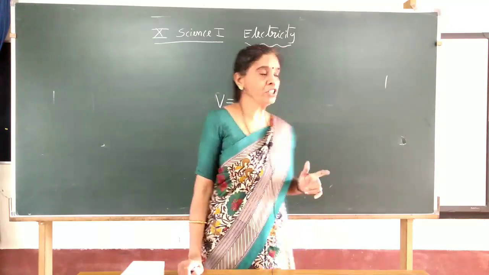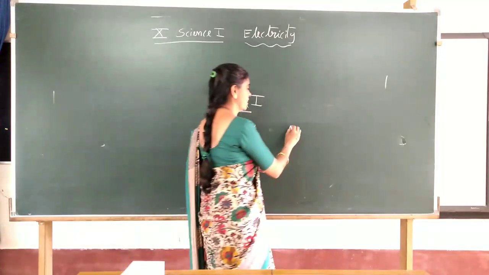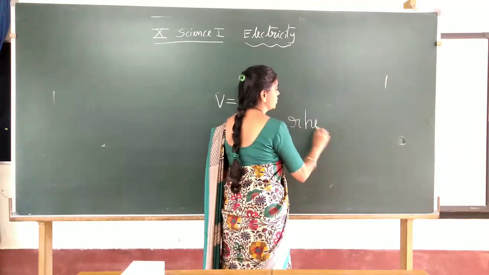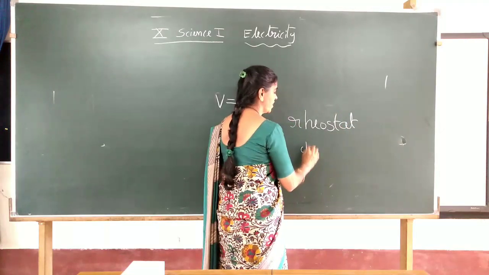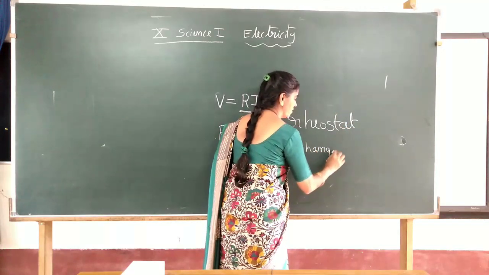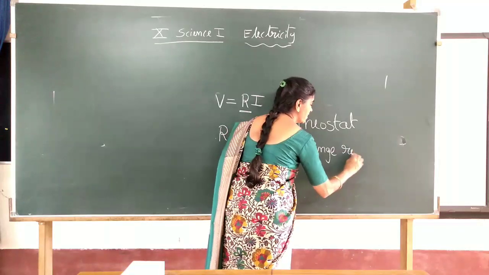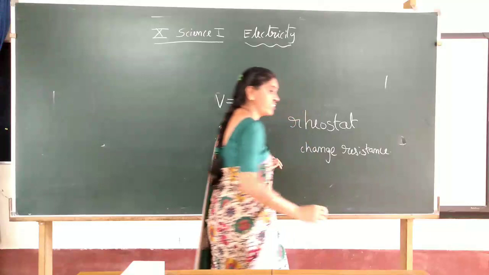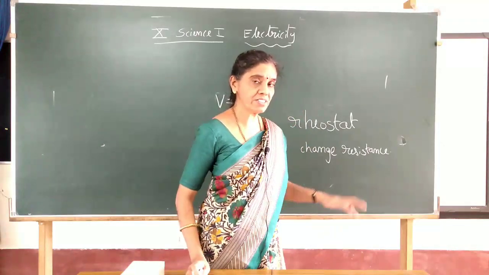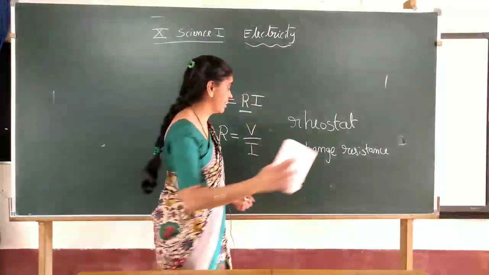And the instrument we use to change the resistance is called a rheostat. So they won't change the potential difference, instead they will change the resistance.